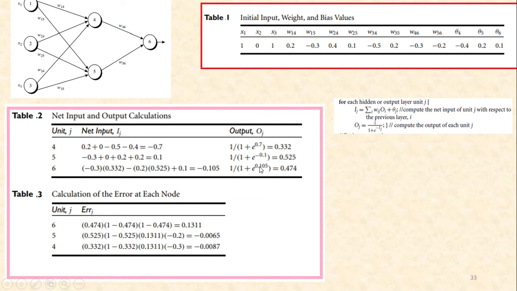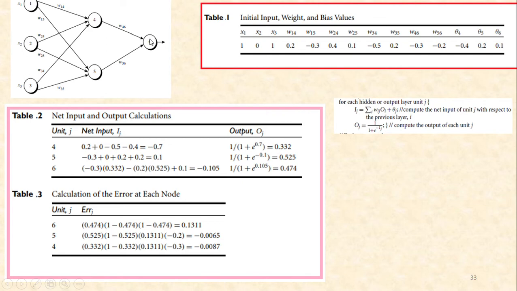So using these output values, you can calculate the net input as W46, which is minus 0.3, into 0.332, plus W56, which is minus 0.2, into 0.525, plus the bias, theta 6, equal to 0.1, and the resultant quantity is minus 0.105.